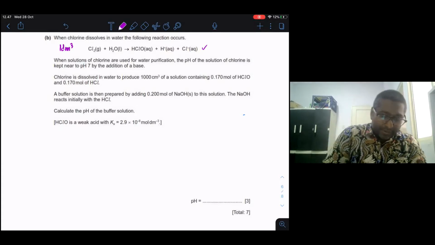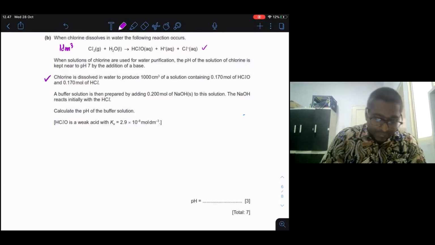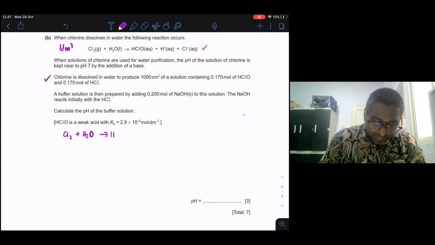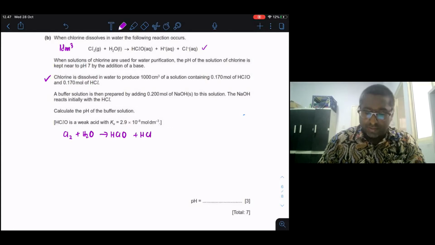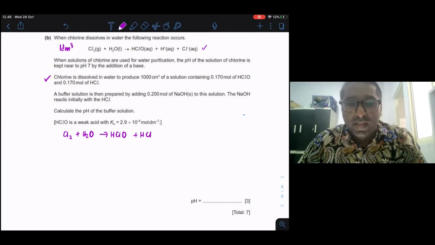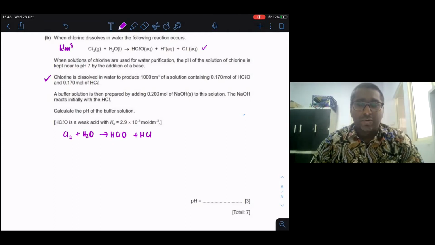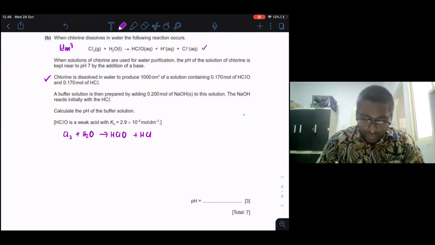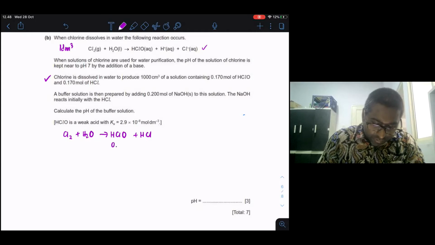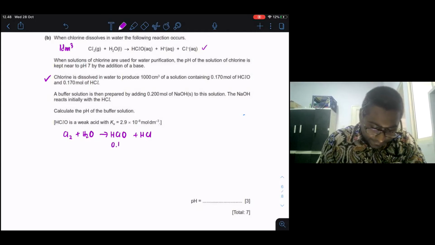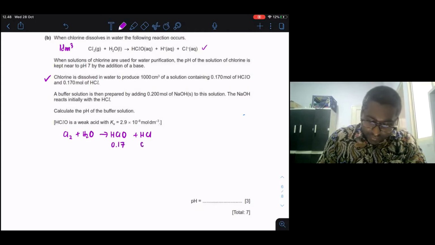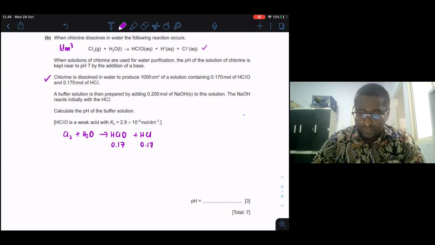To represent this, I will rewrite this equation as Cl2 plus H2O to give me HClO plus, rather than separating H plus and Cl, I will just write down HCl. So I will put down the number of moles: HClO is going to be 0.17, and this is going to be 0.17 also.